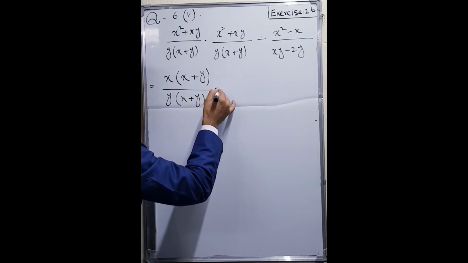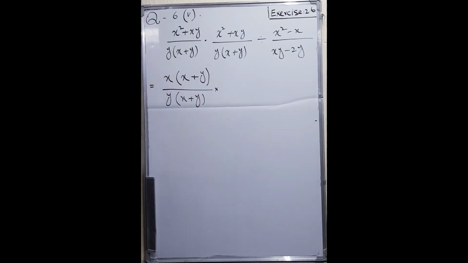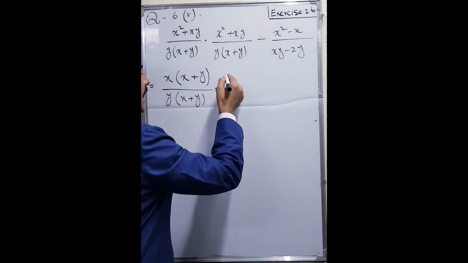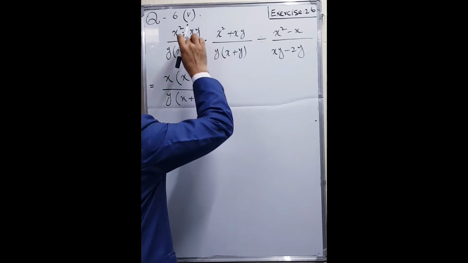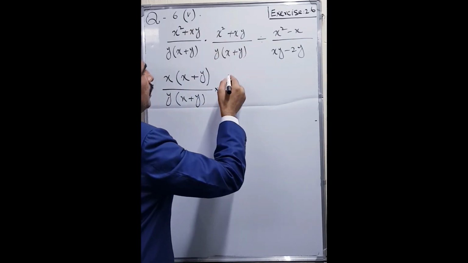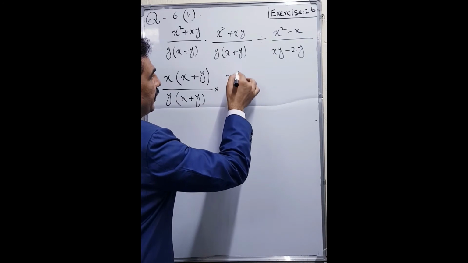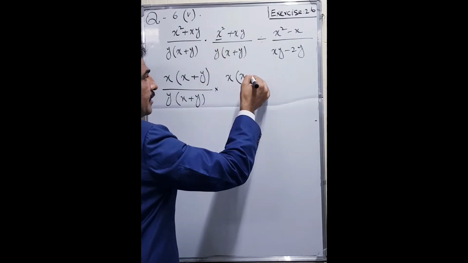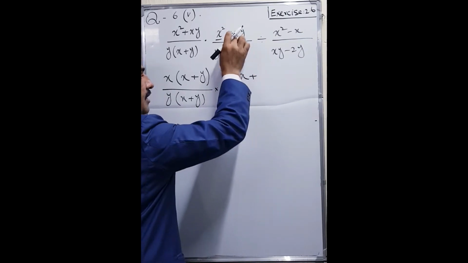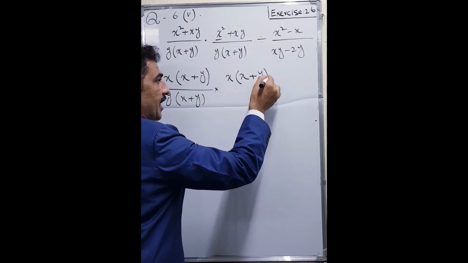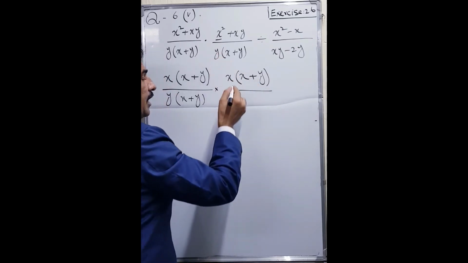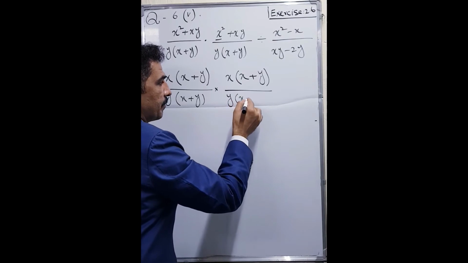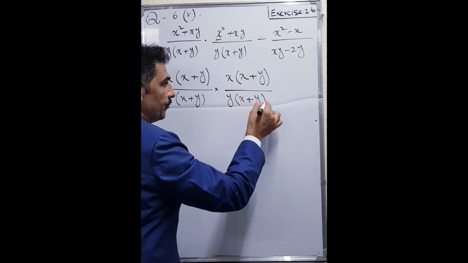Sign of multiplication. What is common here? Good, again x is common, so both are the same terms. We take x common. What is remaining? The first part x, then plus, and y is remaining. Here nothing is common, so we write the same x plus y.